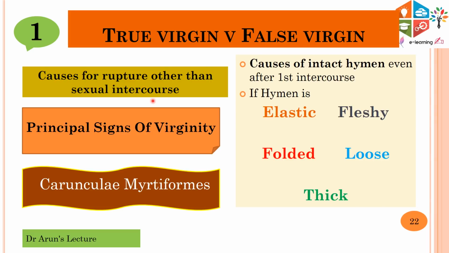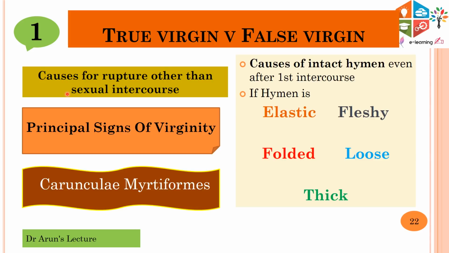On opinion making, causes of rupture other than sexual intercourse need to be given consideration, along with the principal signs of virginity. Any single sign should not be taken as the surest sign of virginity, but all signs together should be used as a diagnostic for virginity.